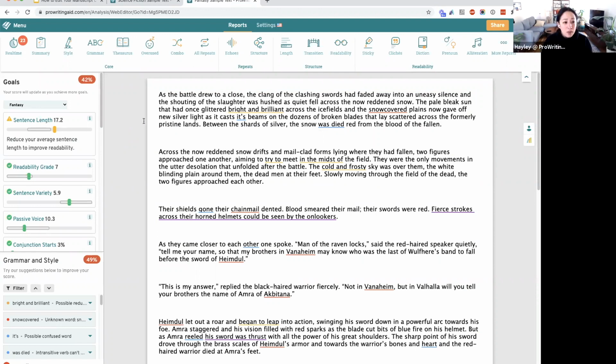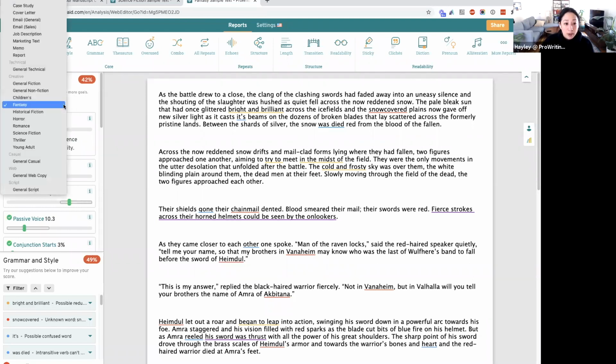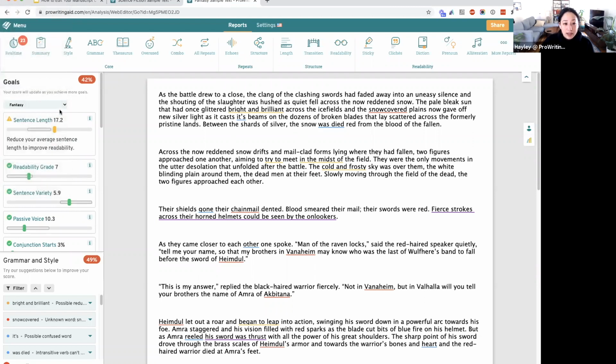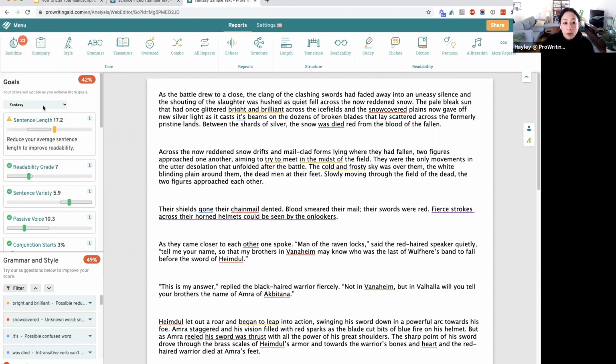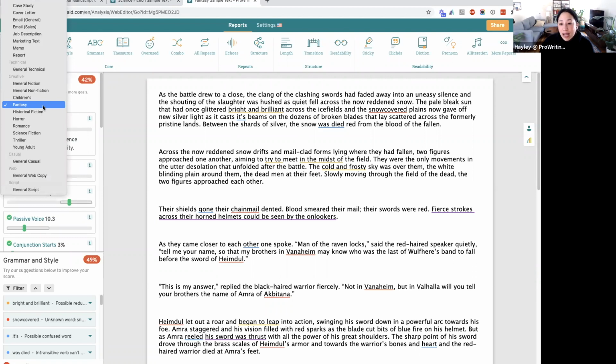Now, I also want to back up to talking about an appropriate readability goal in general. One of the things we've recently introduced, and some of you might have this feature, but everyone will have it pretty soon, are our goals reports. These goals reports here on the left-hand side, which you could also see if you run our summary report, will give you specific recommendations for your genre. You can see that I have my text set to fantasy here because this is a fantasy manuscript.